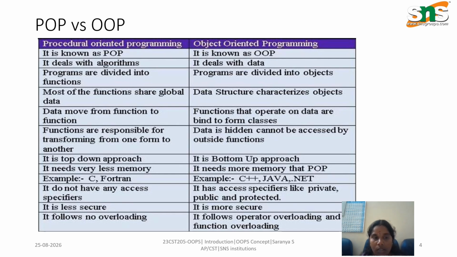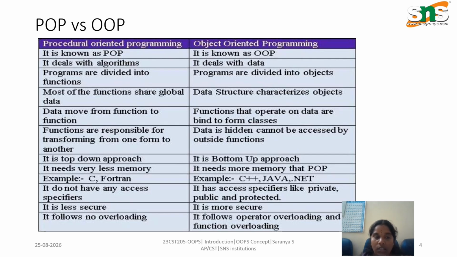Procedure-oriented programming deals with algorithms, and object-oriented programming deals with data. Programs are divided into functions in procedure-oriented programming, and programs are divided into objects in object-oriented programming. In POP, most functions share global data, and in OOP the data structure is characterized in objects.